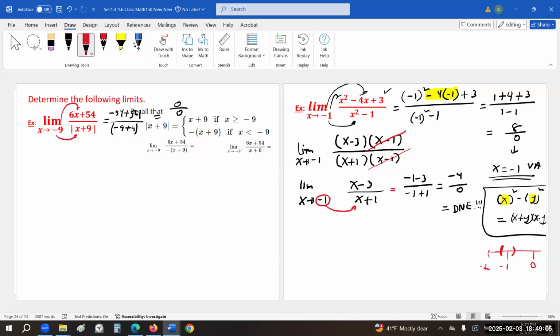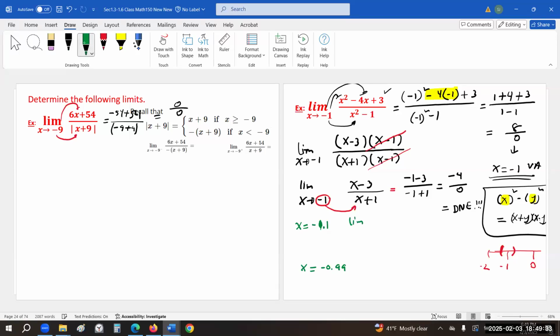So we are looking at one-sided limits. Let's say on the left, we have -1.1. And for the right-sided limit, let's say x is -0.99.